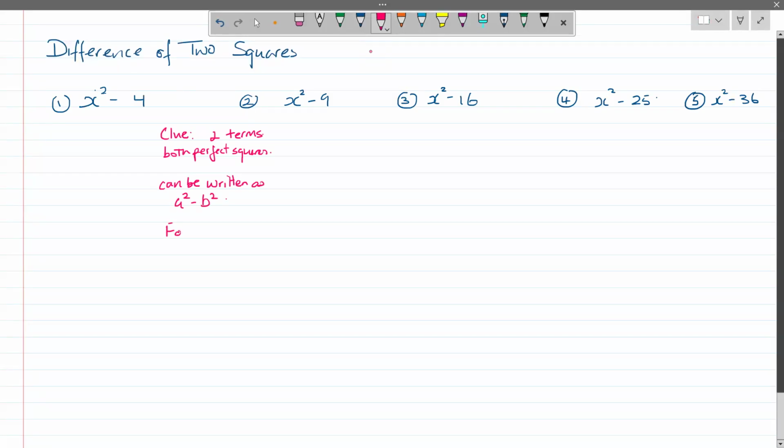And your formula, or how we're going to work it out, is once you could write it as a squared minus b squared, the answer is always a plus b, a minus b.